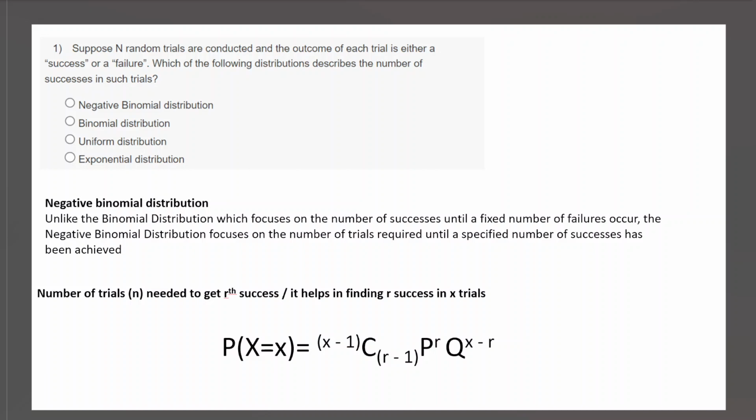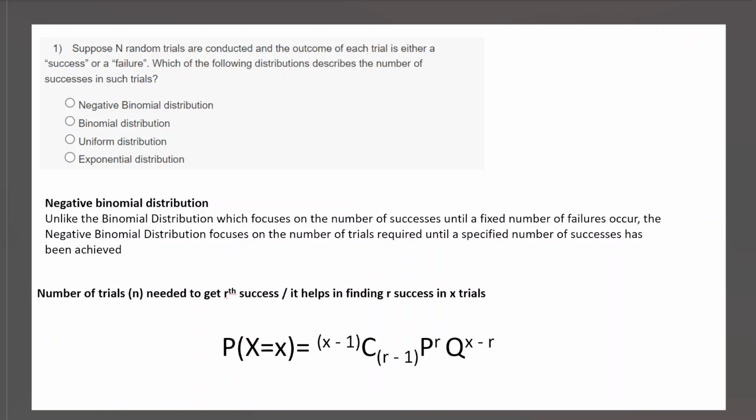The negative binomial distribution deals with the number of successes or failures after the trials. So they don't just discuss success or failure based on each experiment; they need additional data like how many trials and all those things. For the number of successes in such trials, the one which closely follows is the binomial distribution.